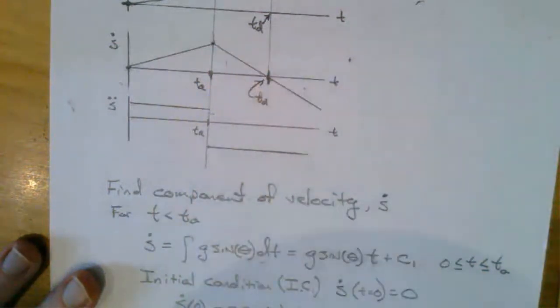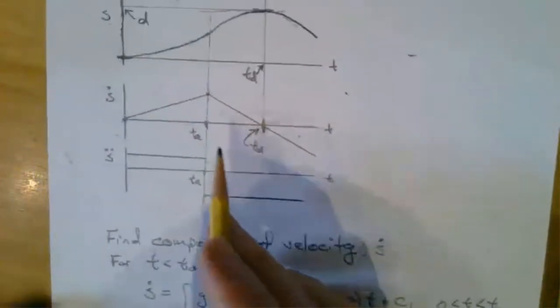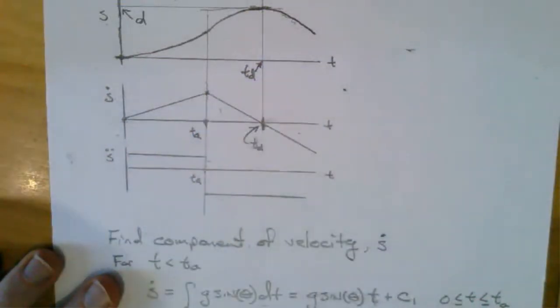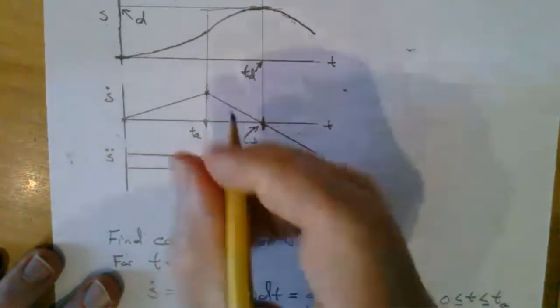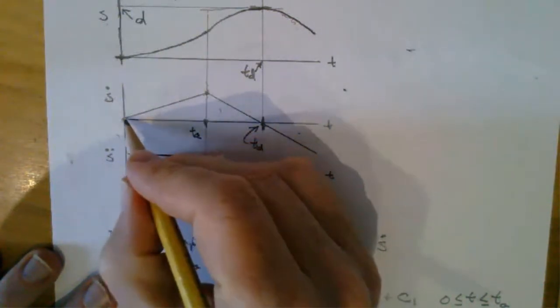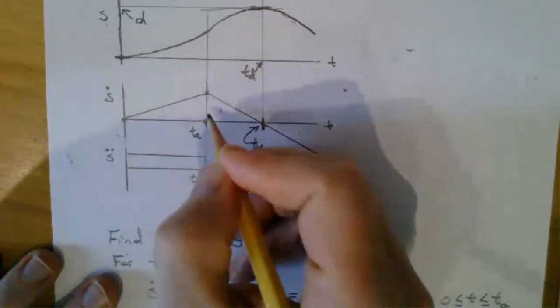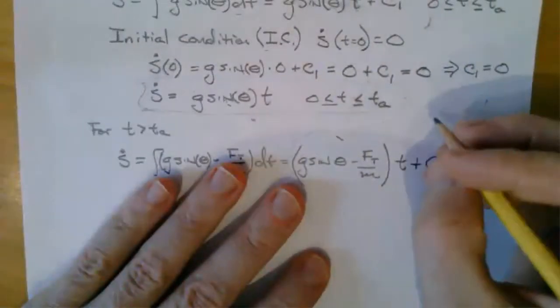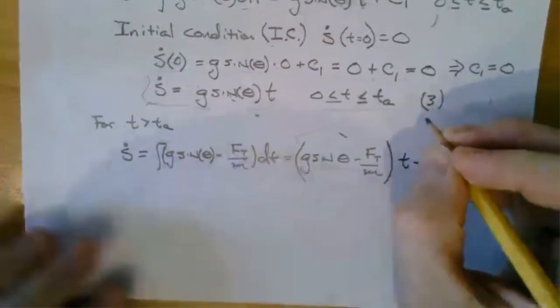So that's how we're going to get that C2, by matching these two curves at this location right there. In order to match that, we're going to have to figure out what s dot was at time ta.